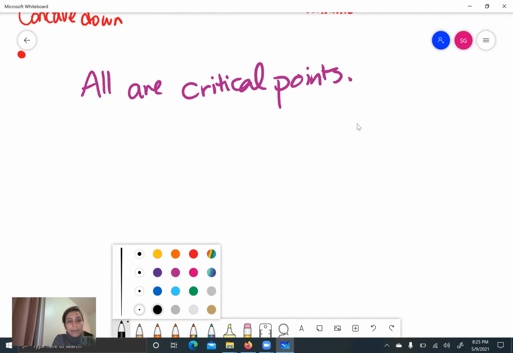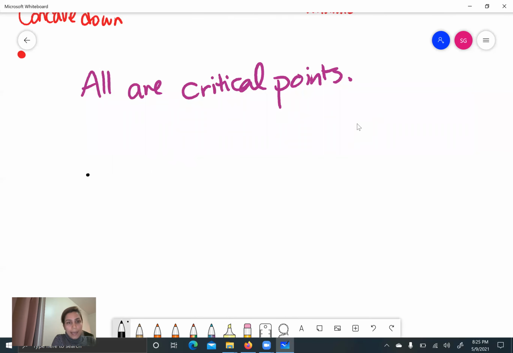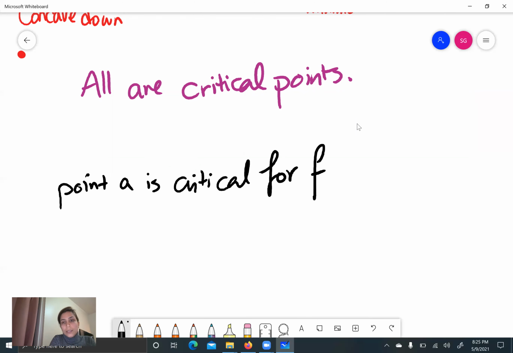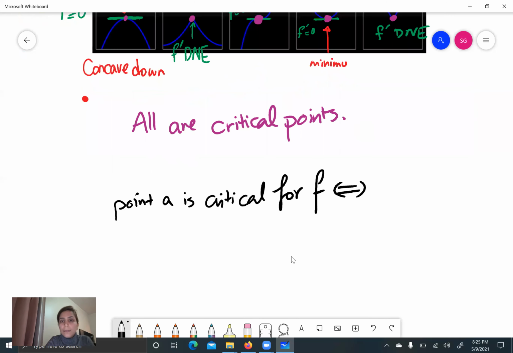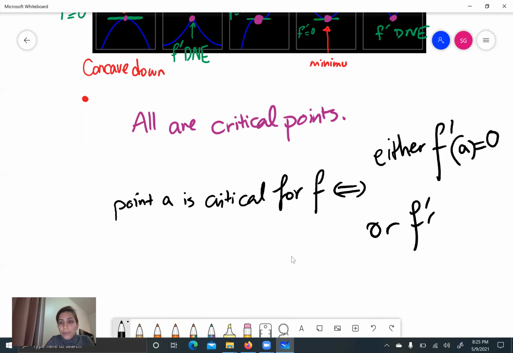Let's say point A, or x, or whatever letter you want, is critical for f if and only if either the derivative of the function at that point is 0, or the derivative of the function at that point does not exist.